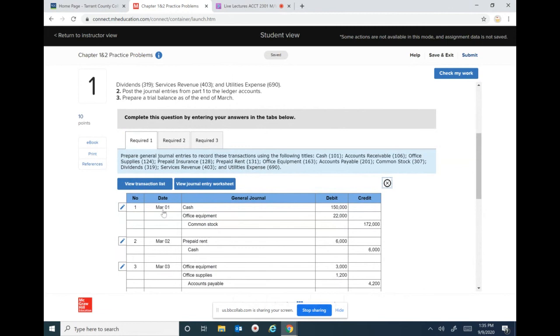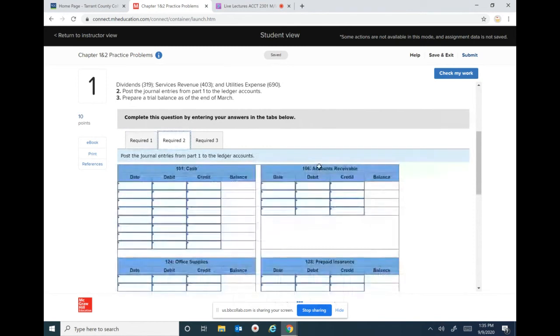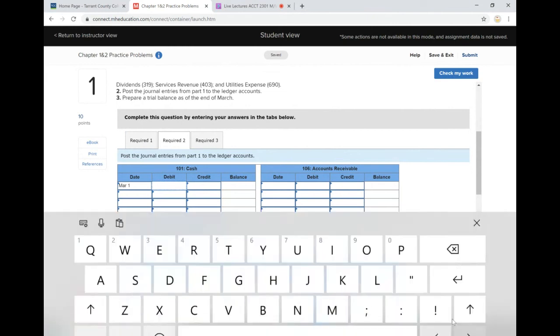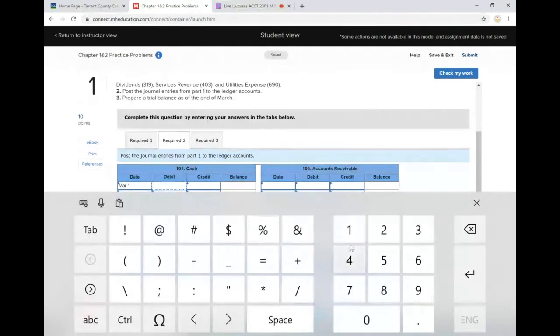You'll look at the journal entry. The transaction on March 1st affects three different accounts. We will debit cash because that's what the transaction on March 1st does. It increases cash by $150,000.